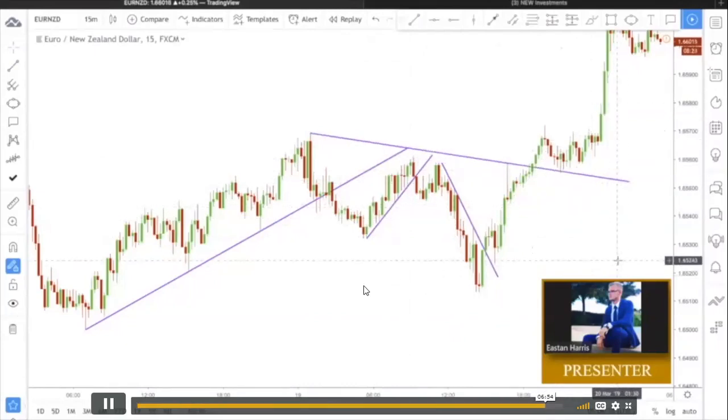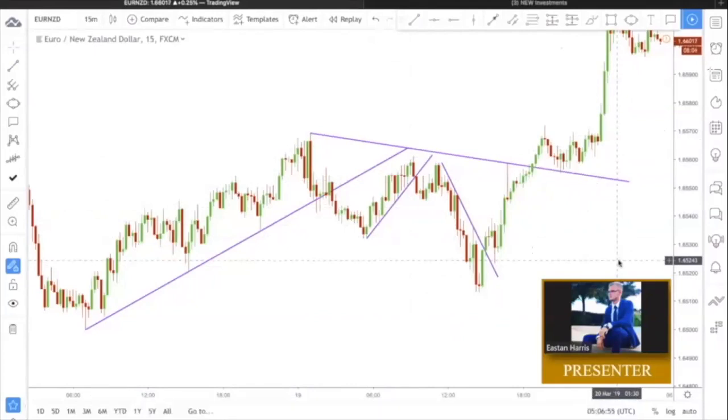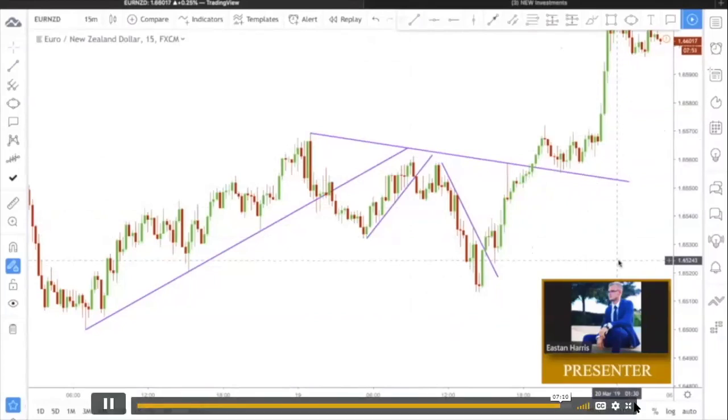So this is just a quick example and brief explanation of trend lines. I'm not going to go into too much detail. If you're still struggling with trend lines, I'm going to refer you back to the trading platform as a whole and the trend line section within that. They're really well broken down in there if you need some extra help.